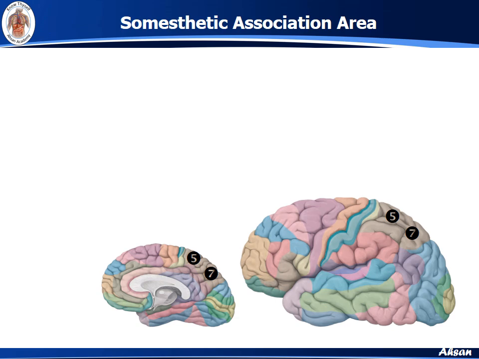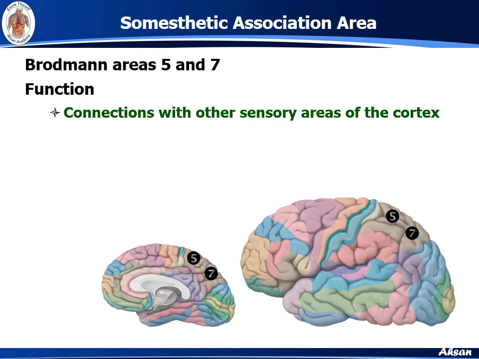The somesthetic association area is situated posterior to the upper part of the postcentral gyrus, and this is areas 5 and 7. Everybody can identify this coin. How have we identified it? Just by observing it.